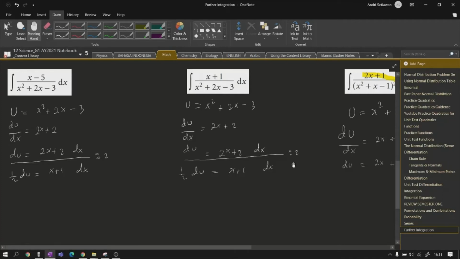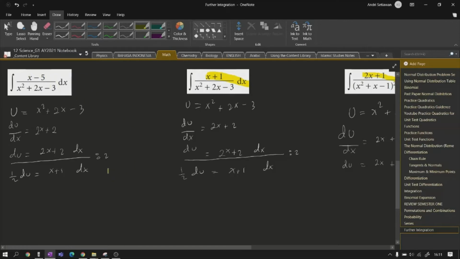You find that in the second example, after we divide by 2, we get a similar form to the equation, x plus 1 dx. This is similar. But in the first example, we do not find the similar form. We find x plus 1 dx, but the equation has x minus 5 dx.